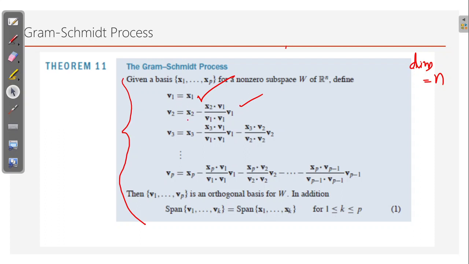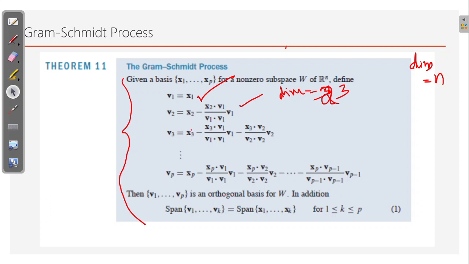So these equations for v1 and v2 are true for dimension equal to 3, and we have found two orthogonal basis vectors.